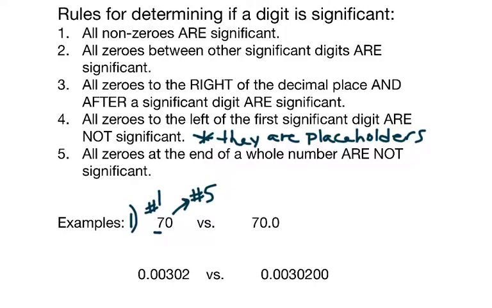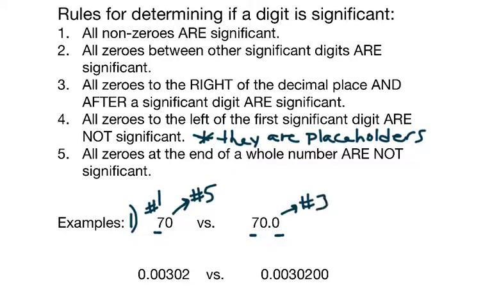All right, let's compare that to 70.0. 70.0 seems like a precise number. It indicates to you that they did not round to 70. They mean 70.0 on the dot. So the 7 is significant, again because of rule number 1. The 0 at the end here is significant because of rule number 3.